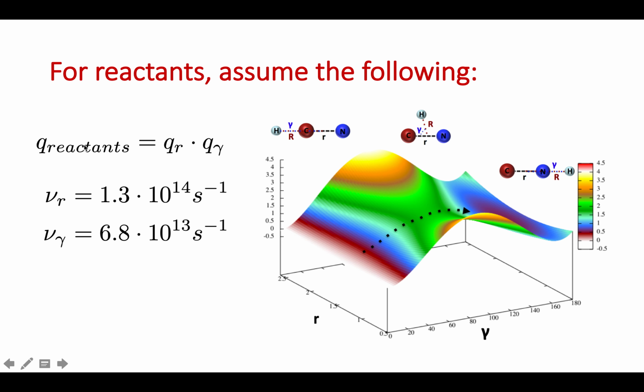This will be the partition function for the reactant, which is in the denominator of my equilibrium constant expression. So you should use the data that I've given you: the frequency of the CN stretch is 1.3 times 10 to the 14 hertz, and the frequency of the bending vibration is 6.8 times 10 to the 13 hertz.